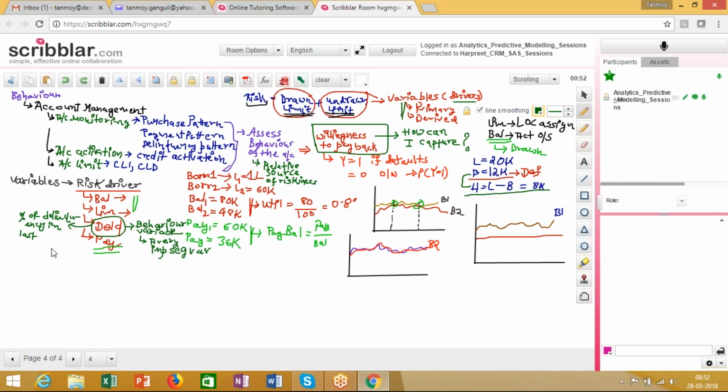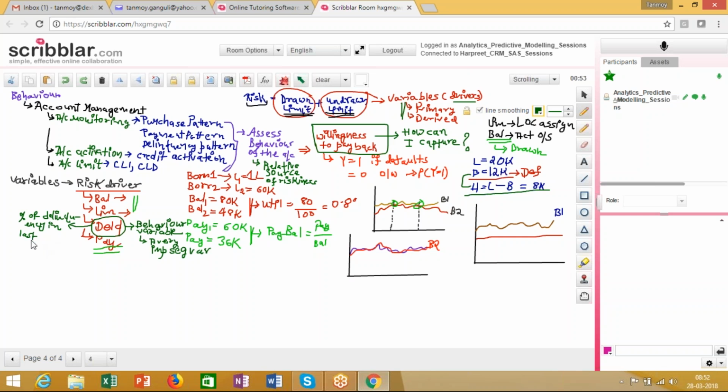So a person who has been delinquent over the last 12 months is a borrower who is relatively more risky.